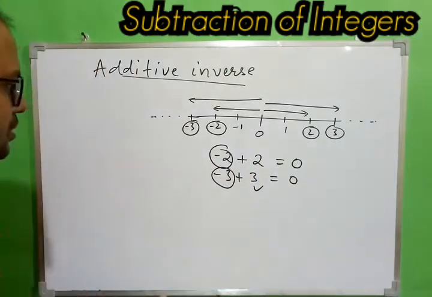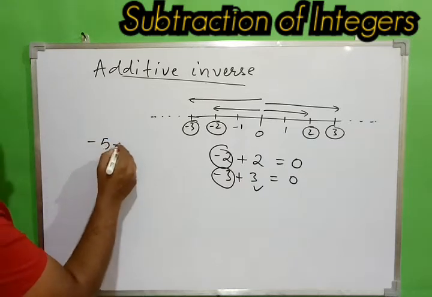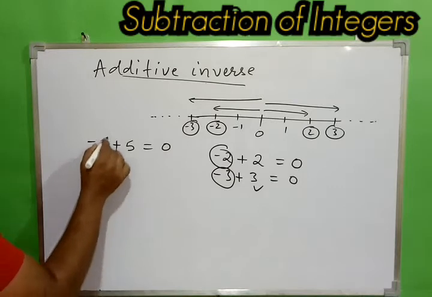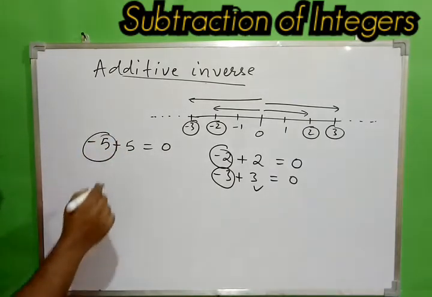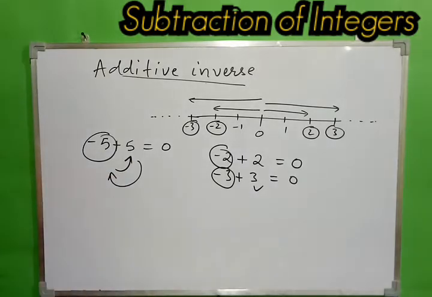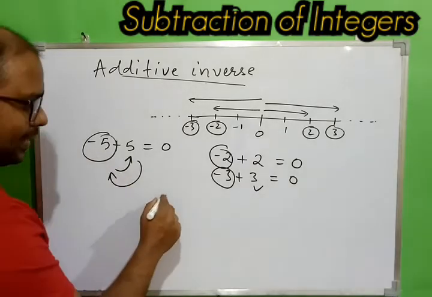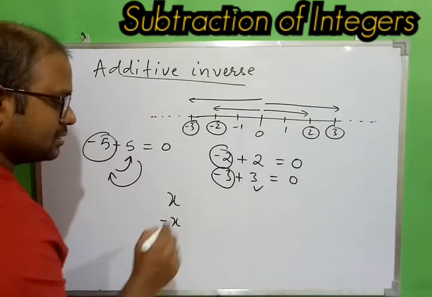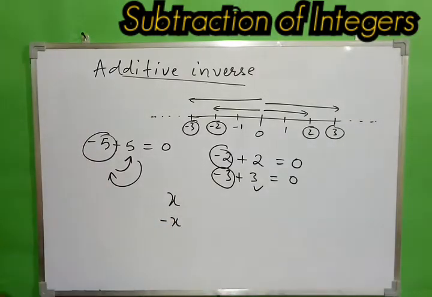Simple. So this way we can write -5 plus 5, again we'll get 0 only. So we can say -5 is the additive inverse of 5, or 5 is the additive inverse of -5. So in general, if x is the integer, then -x will be the additive inverse of x.